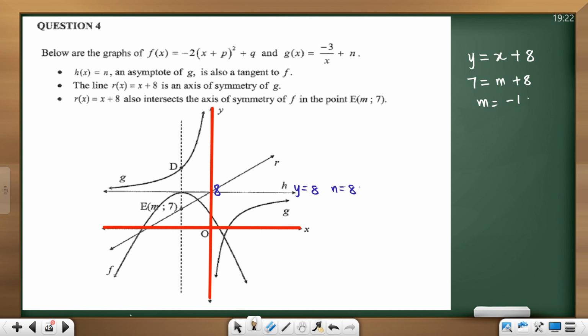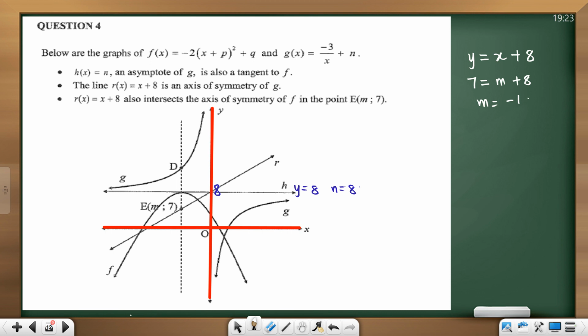Thank you, Simanke. Thank you, Mabato. Thank you, Letabo. All right, get me the equation of f of x. Awesome. Well done, Angelique. Lovely.